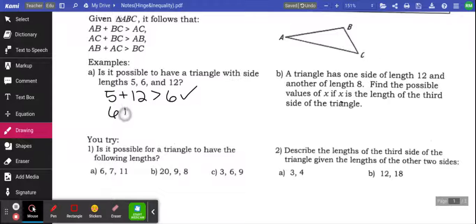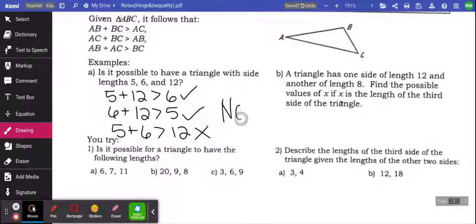What about 6 plus 12? Is that greater than 5? Yes. And what about our last combination? 5 plus 6, is that greater than 12? No. So that means that this cannot be a triangle. So, nope. Not a triangle.